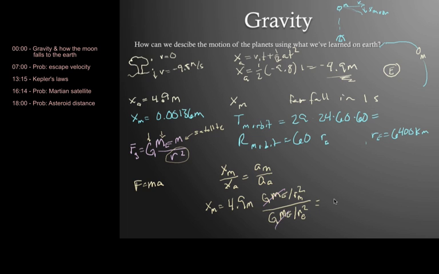All of this stuff goes away, and in fact, this radius of the moon, R_M, is 60 Earth radii, pretty close. So then, when we simplify this, we're going to get this 4.9 and then 1 over 60 squared. And this is exactly equal to this value right here.